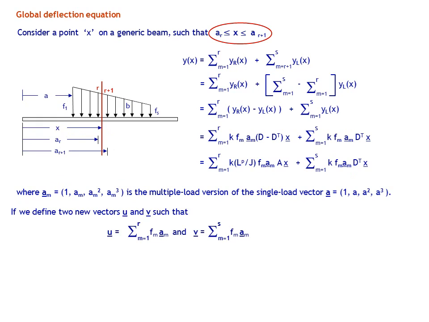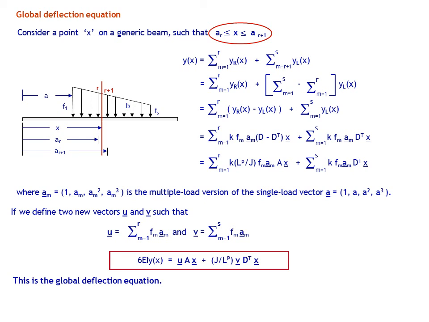So if we define two new vectors u and v, such that u is defined to be the sum from 1 to R of Fm vector Am, and v defined to be the sum from 1 to S of Fm vector Am, then we can write the deflection at point X in the form 6EI y of x is equal to u ax plus J over Lp v dtx. This is the global deflection equation.